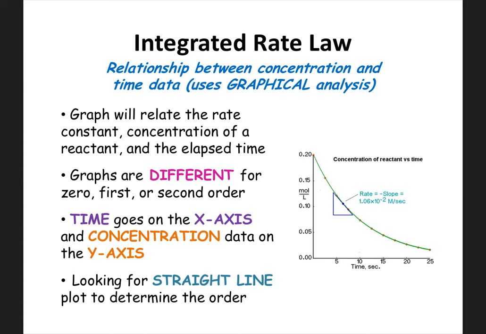We will put time on the x-axis and concentration on the y-axis in these graphs. Basically, we're looking for a straight line. If you plot the data in a certain way and you get a straight line, that can tell you whether it's zero, first, or second order. And that's what we're going to look at in this video, how we can use graphs to determine the rate law.